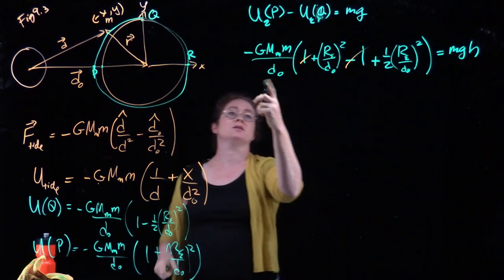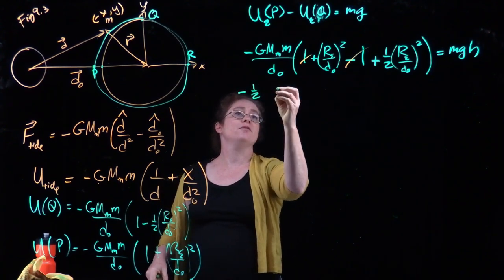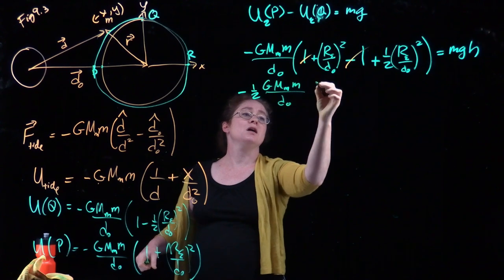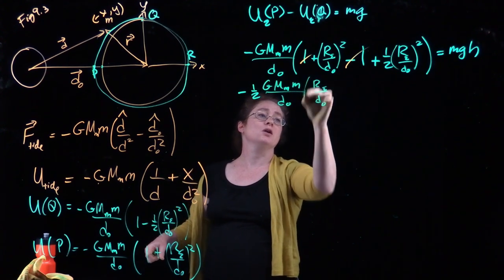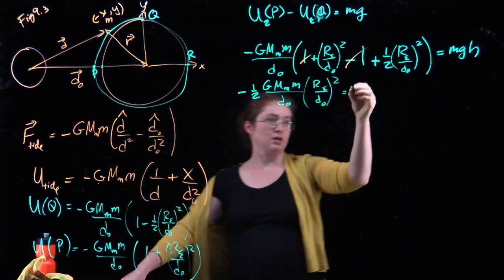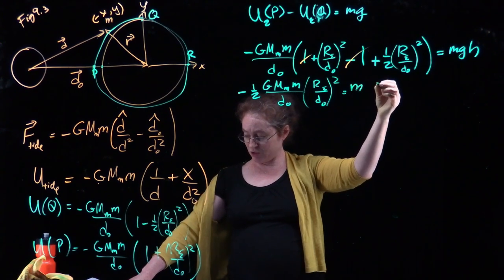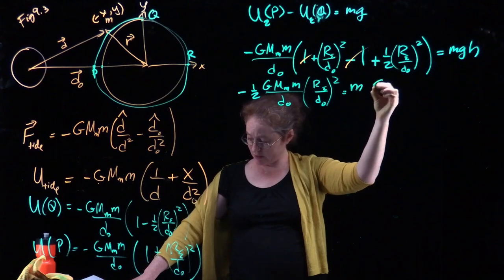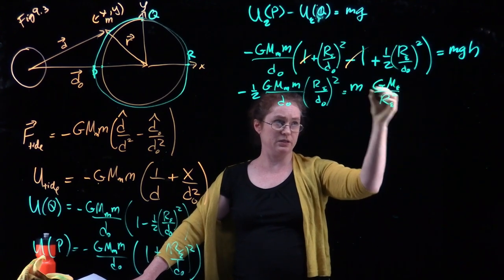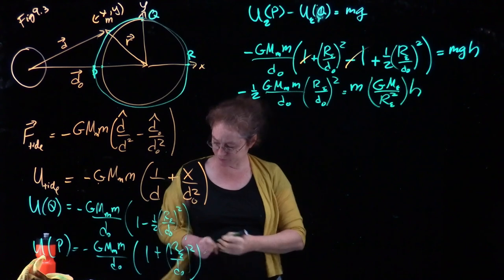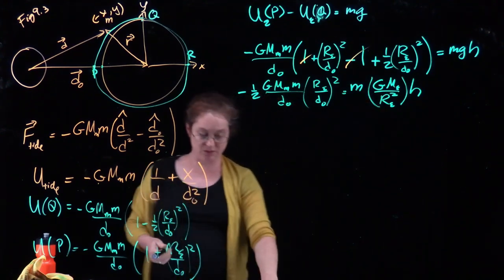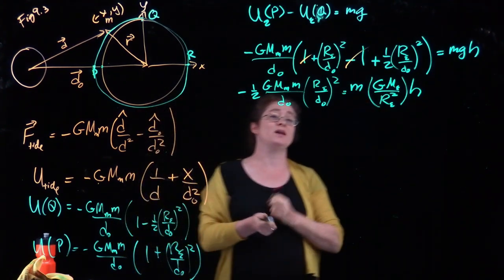We are left with negative 1/2 GMM over D naught, RE over D naught quantity squared equals M, and then G, little g, is G times the mass of the Earth over RE quantity squared, H. So now, this is the mass of the moon, that's the mass of the Earth, and this is why we kept that subscript the entire way through.